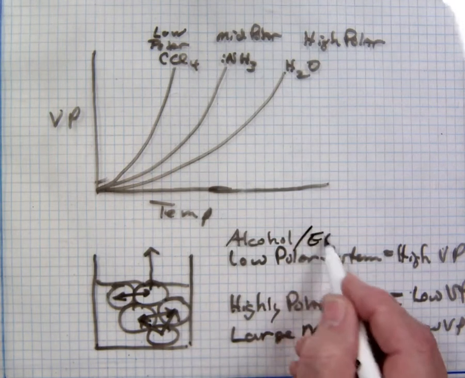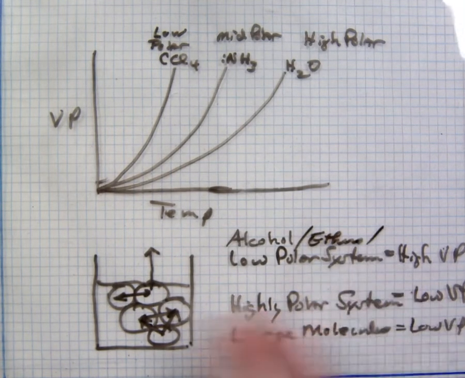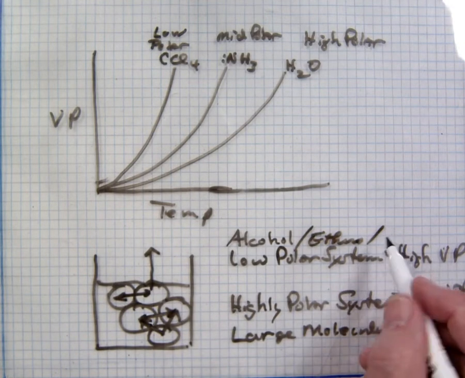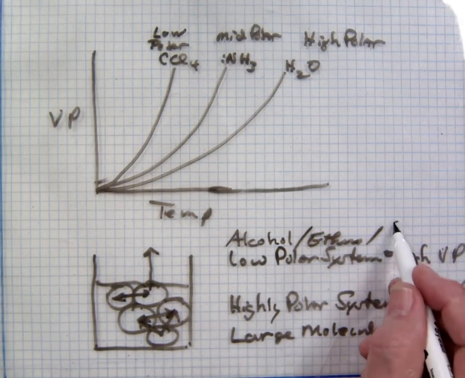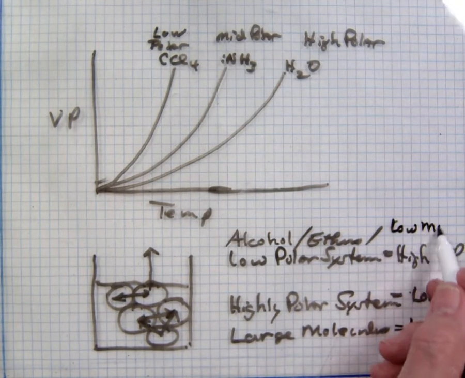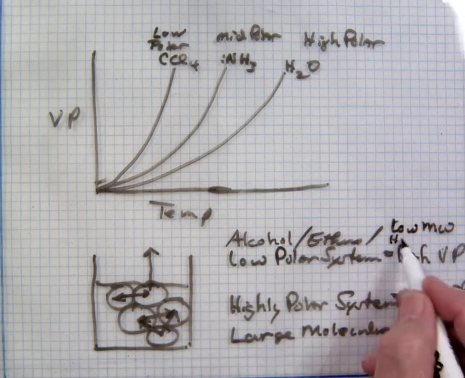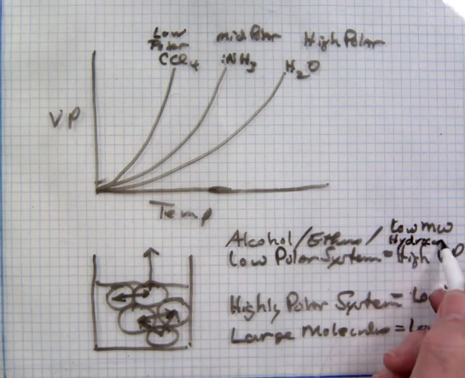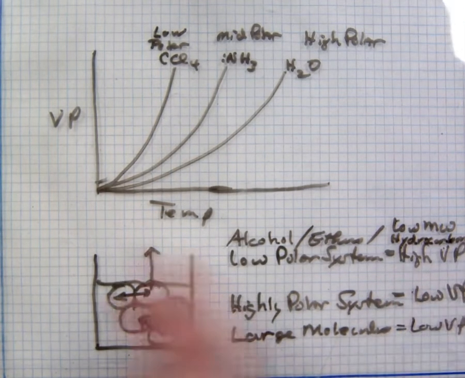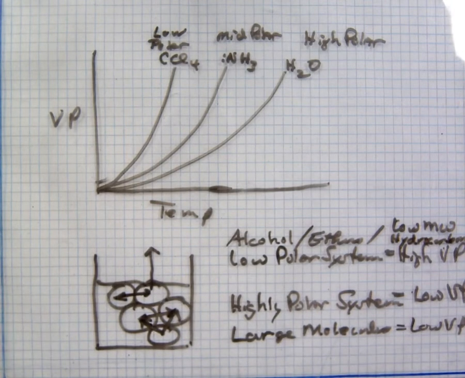Alcohol, ethers, low molecular weight hydrocarbons evaporate very quickly because they don't have the particle-particle interaction that a highly polar system like water or ammonia would have.